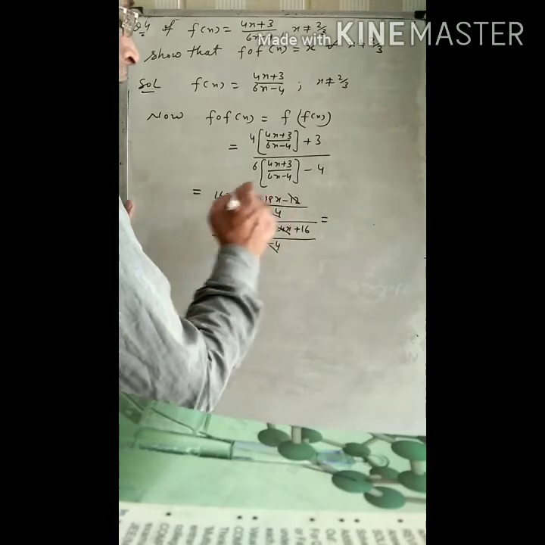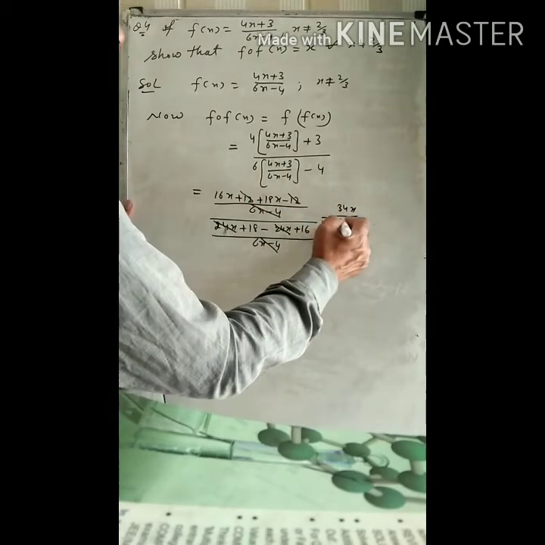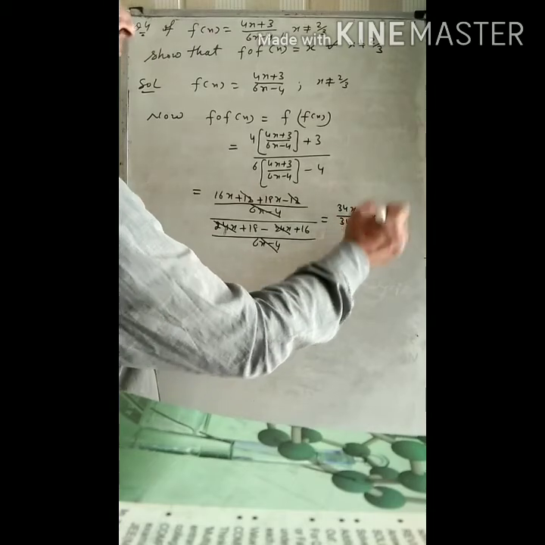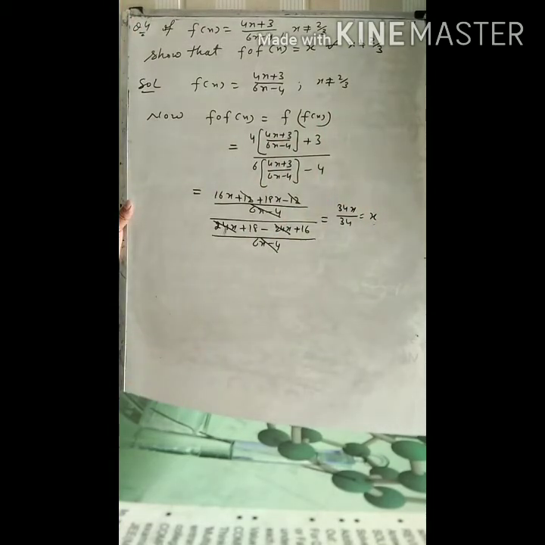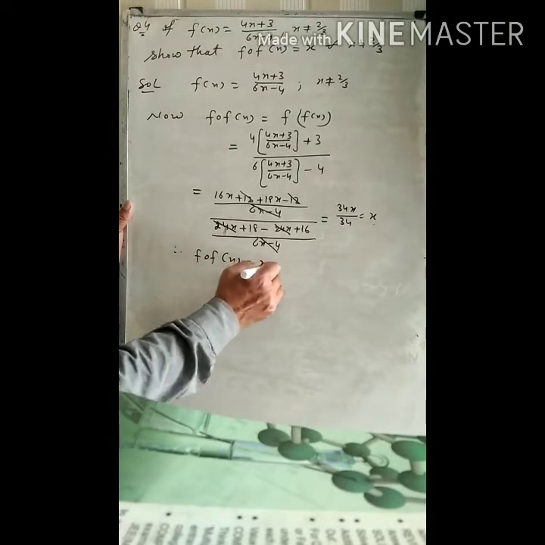So this is equal to 34x upon 34, this is equal to x. So therefore f of f(x) is equal to x.